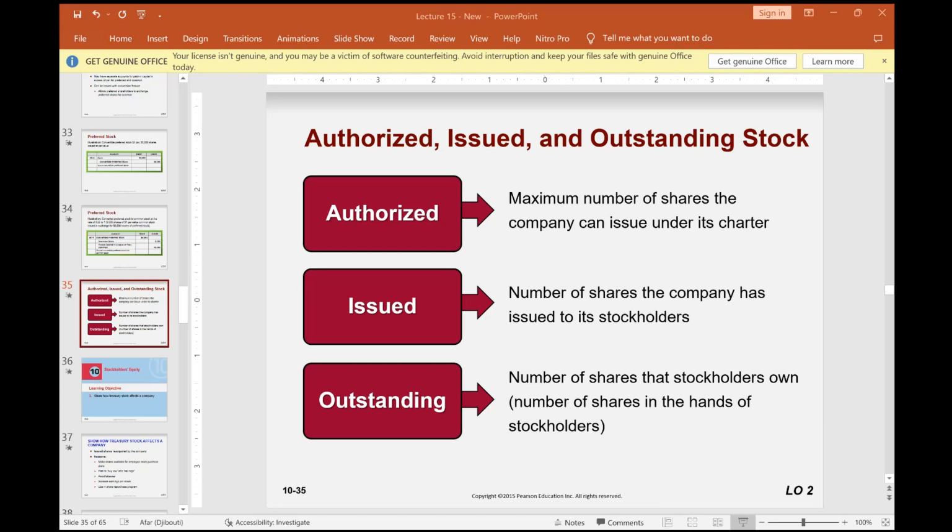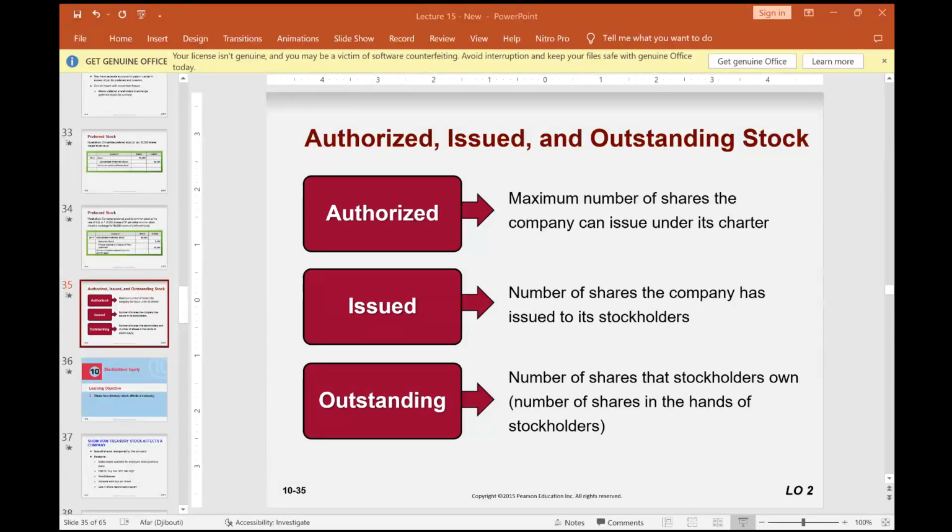Okay, let's see that. So, can you see the slides, right? Can you see learning objective 3? Yes. Okay. Means everything is good.